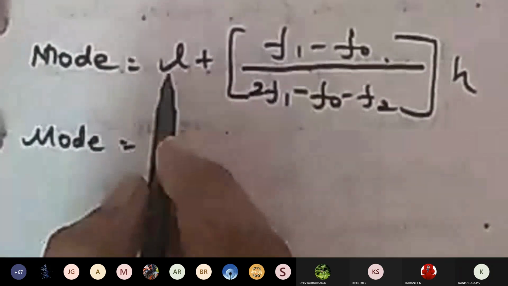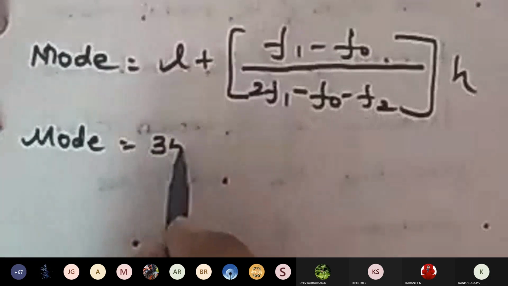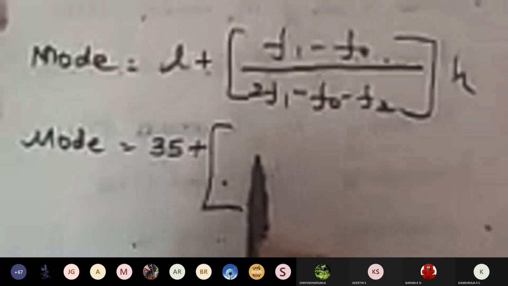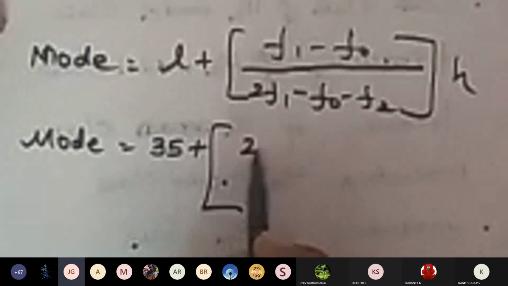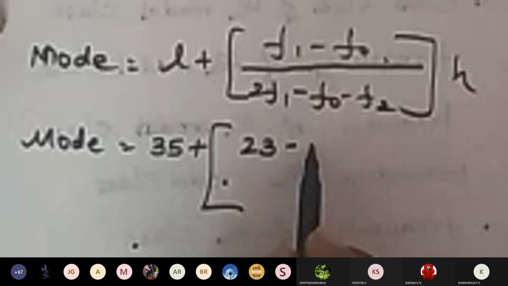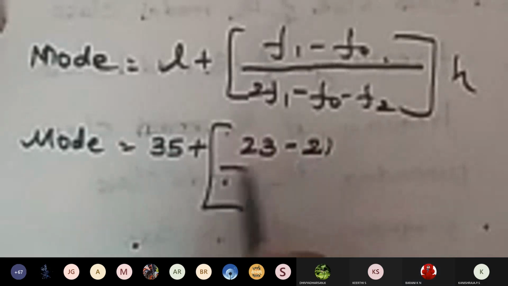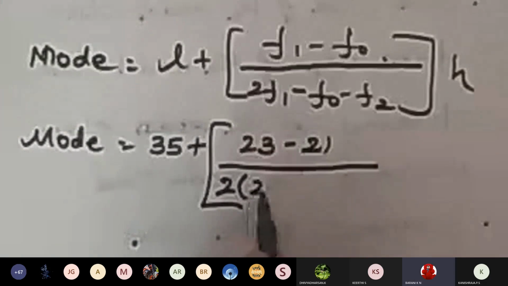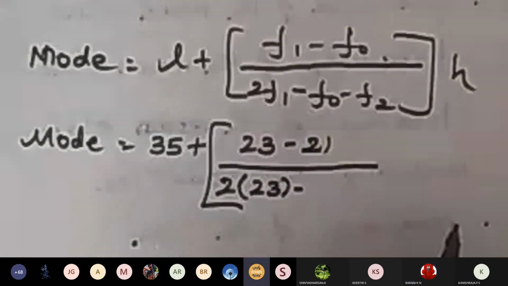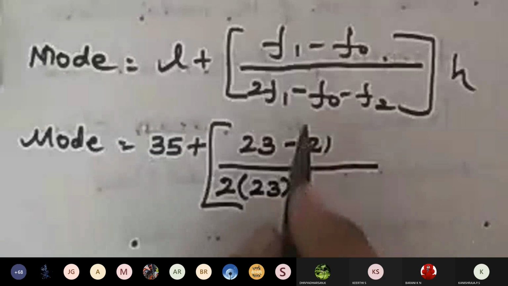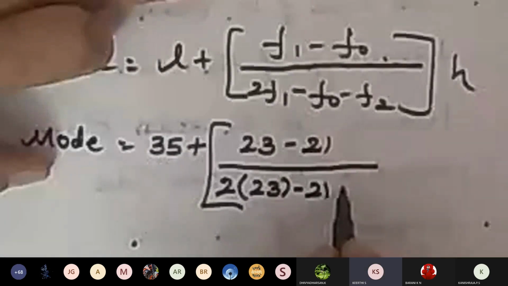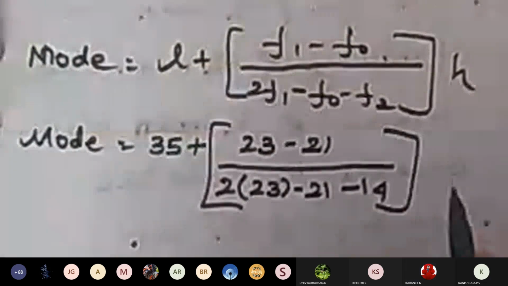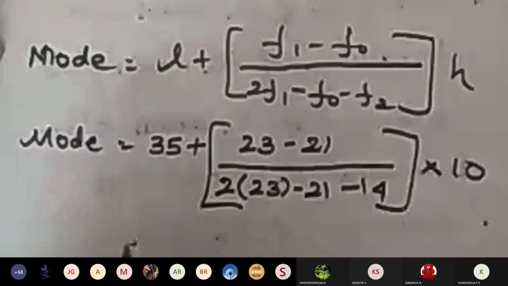Mode is equal to L plus (F1 minus F0) divided by (2F1 minus F0 minus F2) into H. L is 35. F1 is 23, minus F0, 21, divided by 2F1, which is 46, minus 21 minus 14, into H, which is 10.